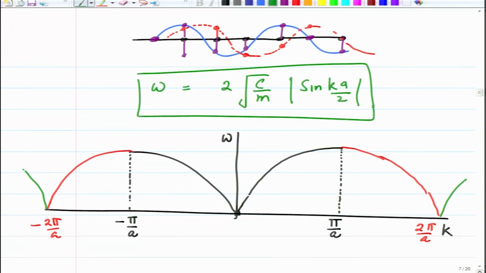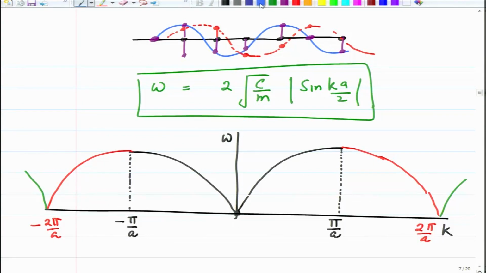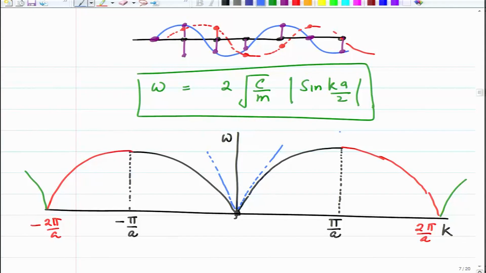So, what you see is that omega has a periodic behavior. It is linear near the origin, like the sine curves for a small magnitude are linear near the origin, then flattens out and then repeats itself. So, omega can be determined by all k's only up to pi over a, from minus pi over a to pi over a. After that it repeats itself.